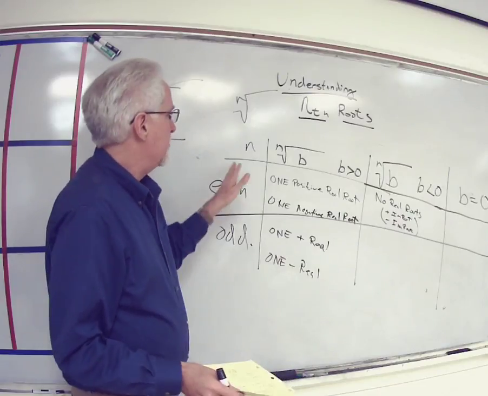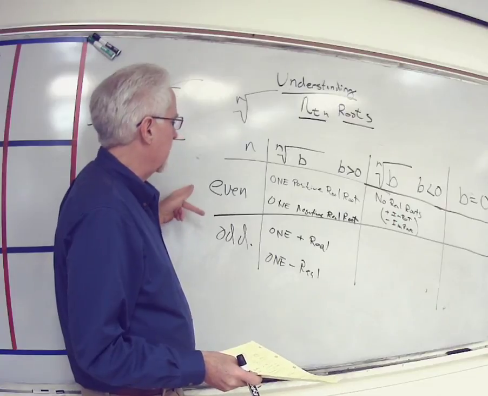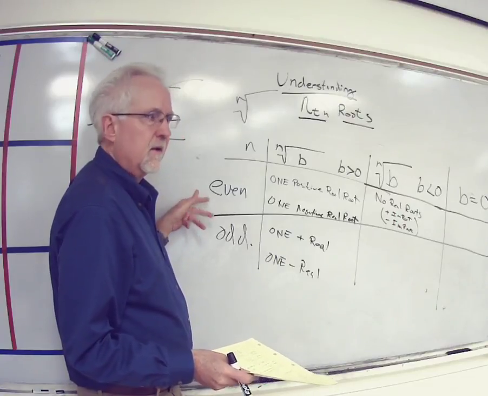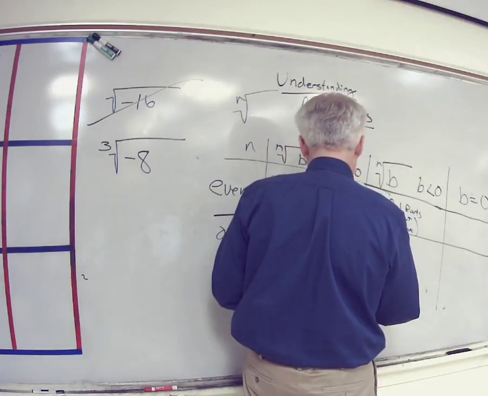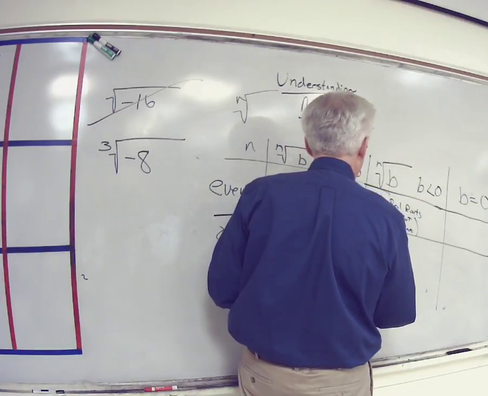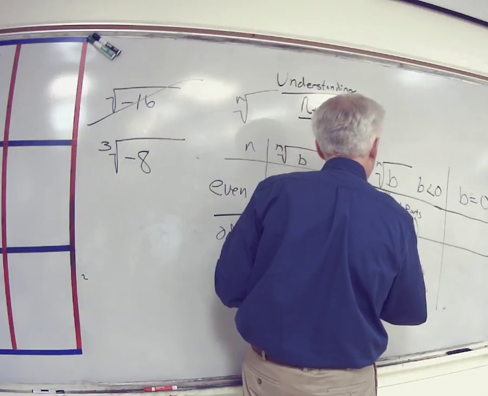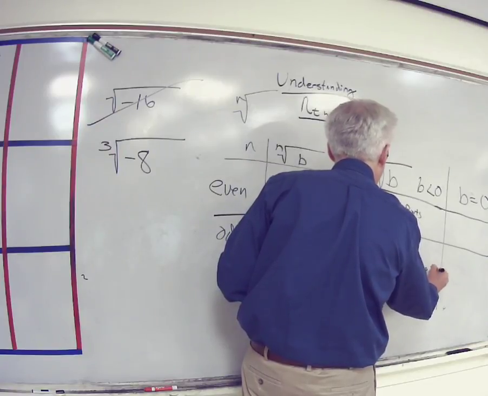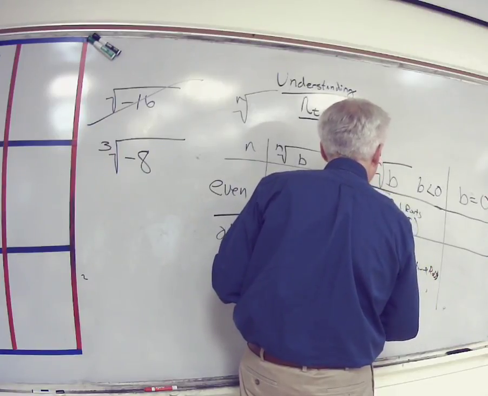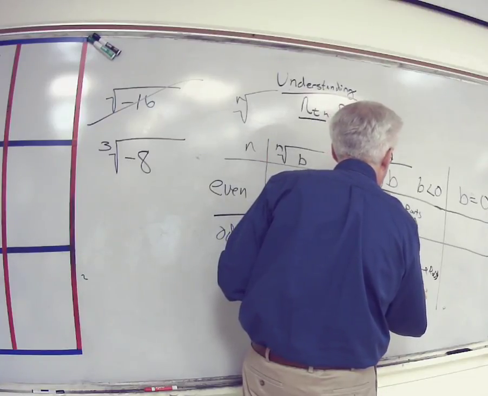That's very simple. But if b is less than 0, it matters whether you're doing an even or an odd. Okay, here I would have no real positive roots, and one real negative root.